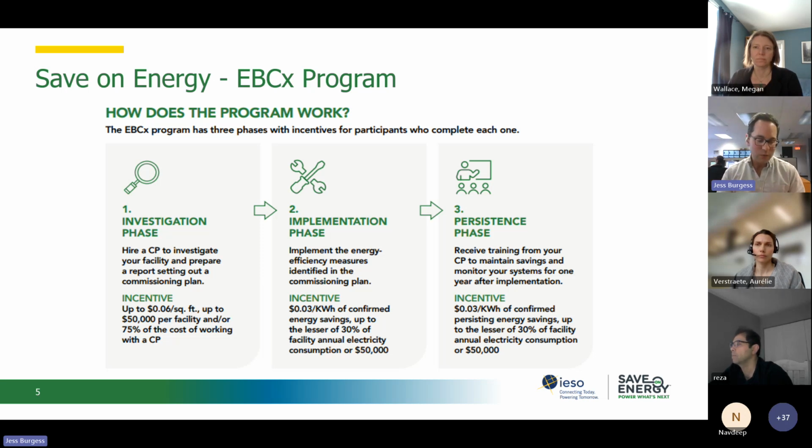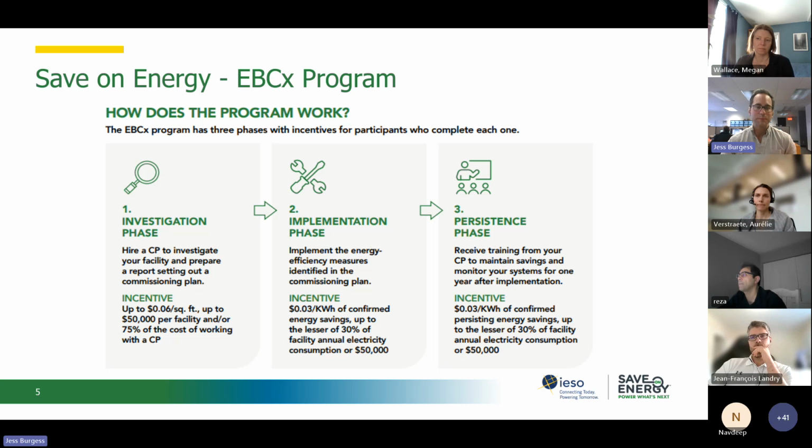One of the things we're going to talk about today is that a lot of that documentation comes out naturally from the planning and investigation phase activities. The activity log and the findings will feed directly from any best practice EBCx project, and could be used to meet the requirements for the program.